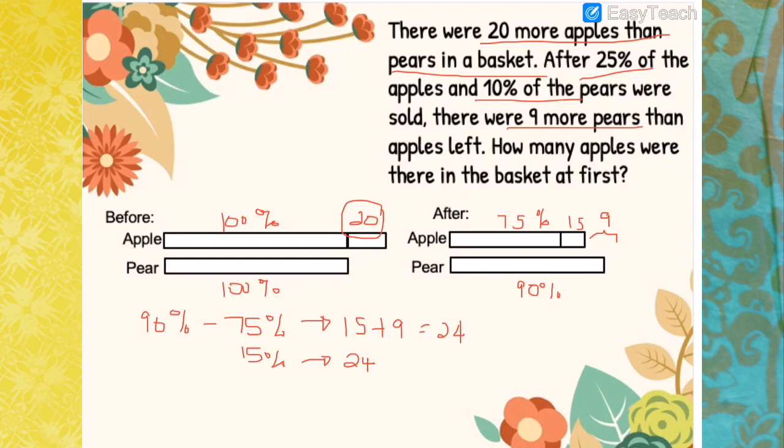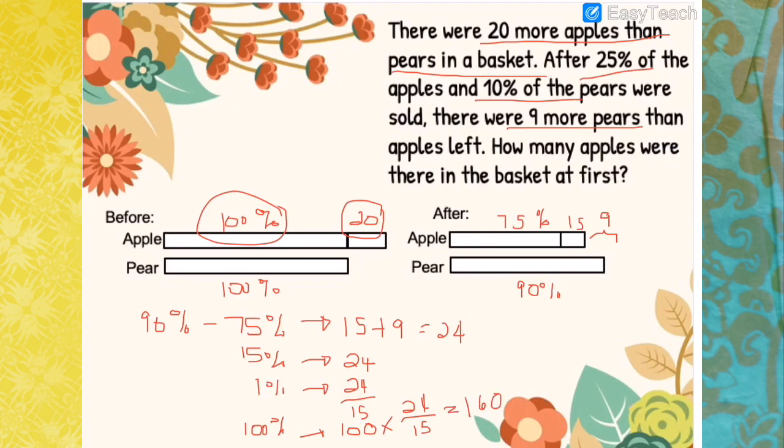Now to find 1%, 1% of our apples would be 24 over 15. So therefore, to find 100% of our apples, it will be 100 times 24 over 15, which is 160.